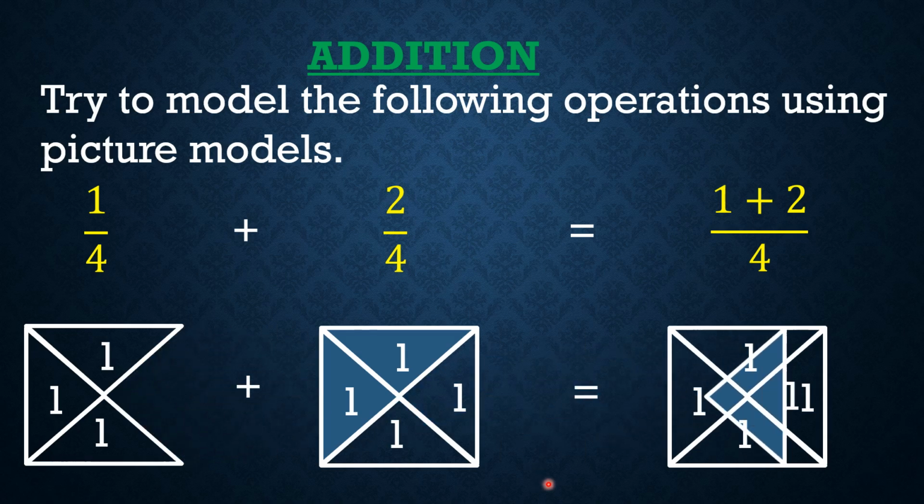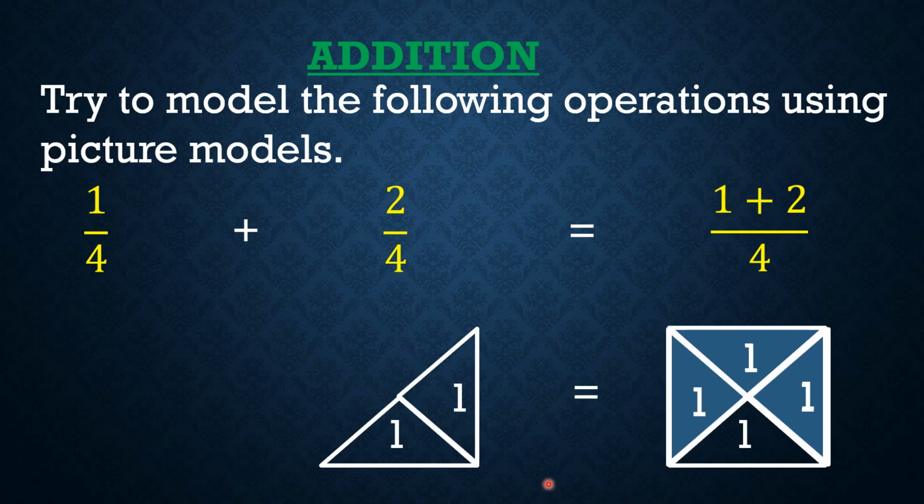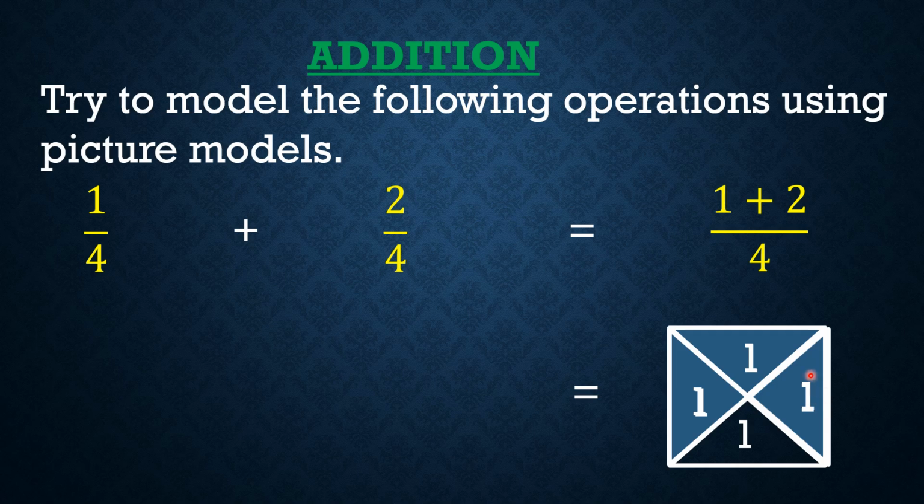Now, I take 1, 2, and 3. Now we have obtained 3 taken parts from 4 whole parts. This gives the answer of 3 over 4, which will be the answer here.